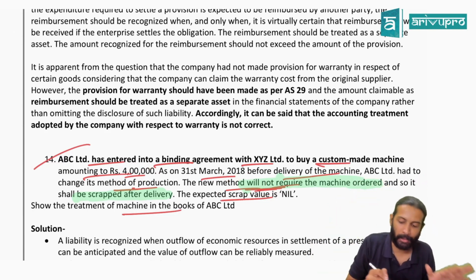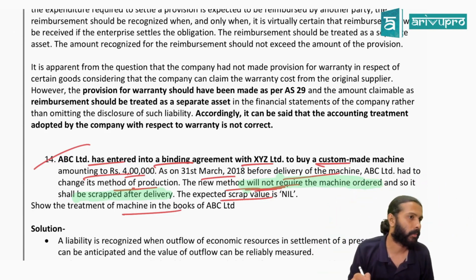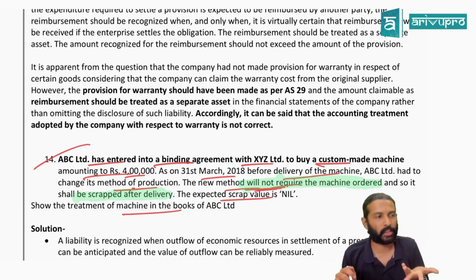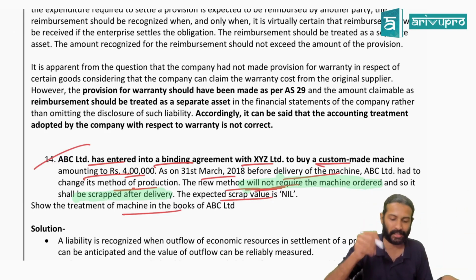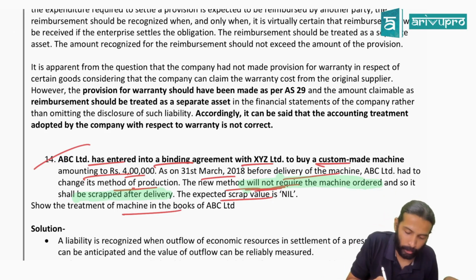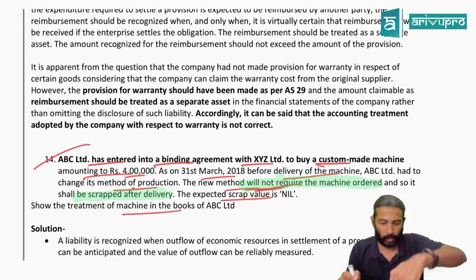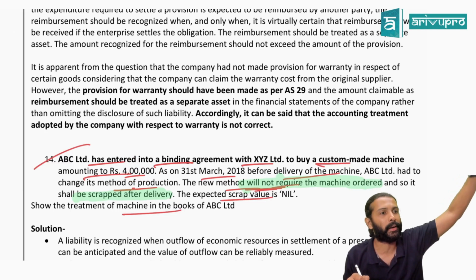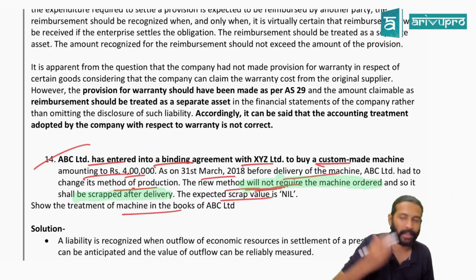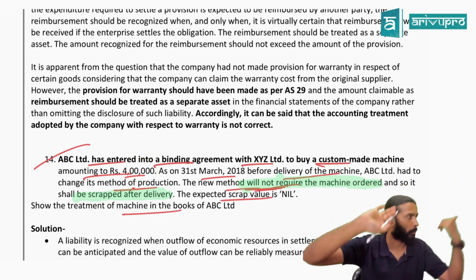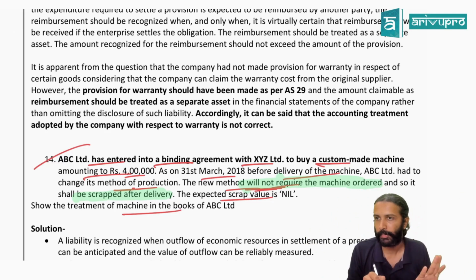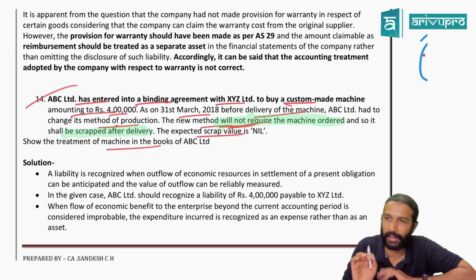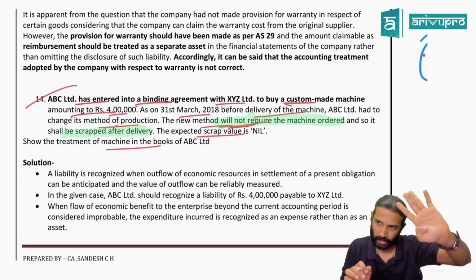Are you expecting any benefit from this asset, or it's going to be scrapped? If there is no FEB, can you show that asset in your books, sir? No. Entire 4 lakh will be done what? Will it be capitalized or will it be transferred to P&L? Entire 4 lakh will be transferred to P&L. So the machinery will not be shown in your books. Entire 4 lakh expenditure will go to P&L. That is first observation. Is it clear?